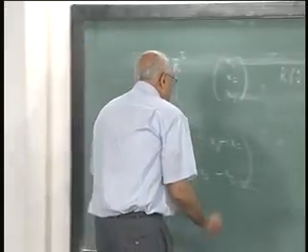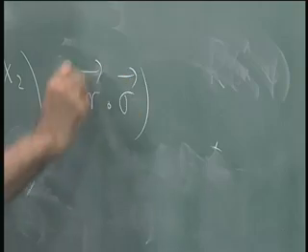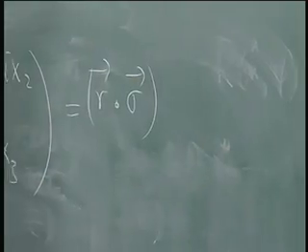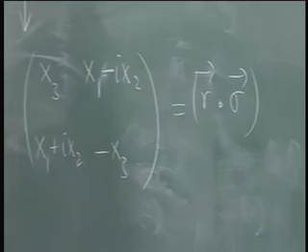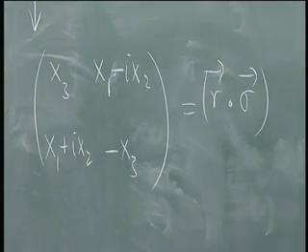Of course you will immediately recognize that this is also the same as r dot sigma, where sigma is the set of Pauli matrices which we talked about a little earlier.